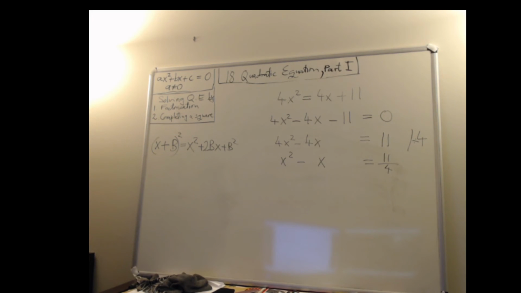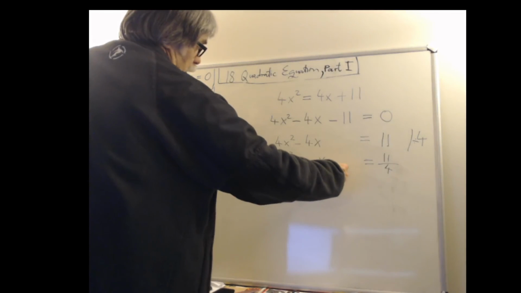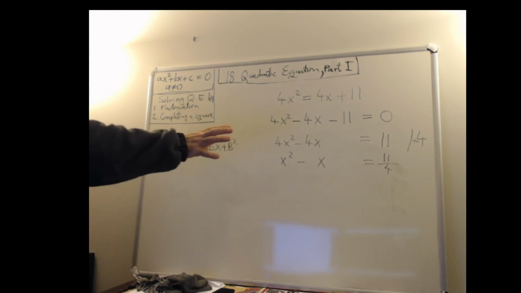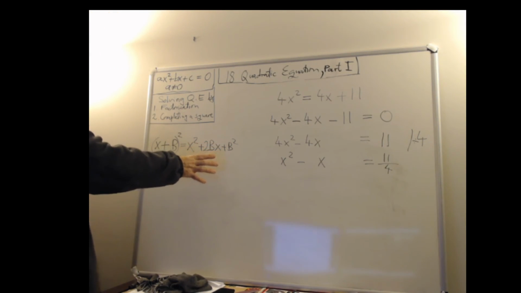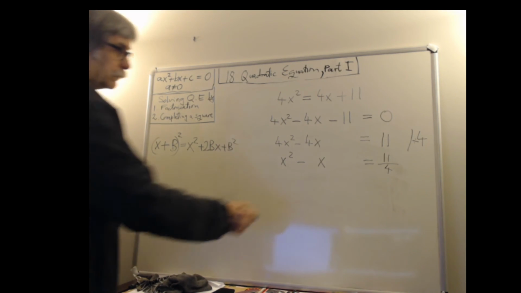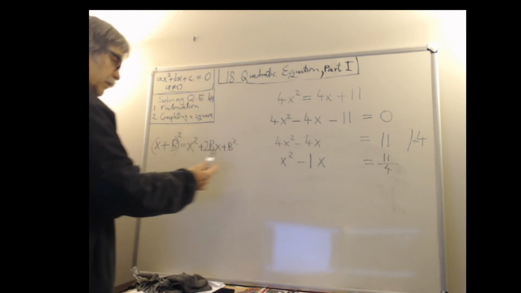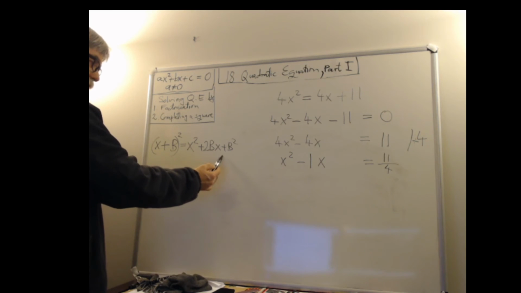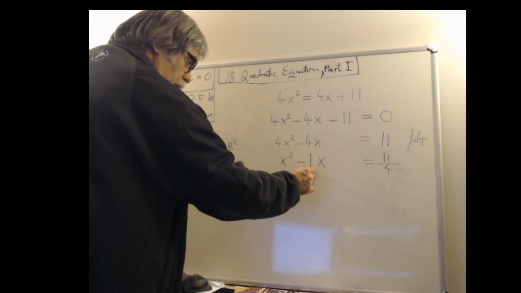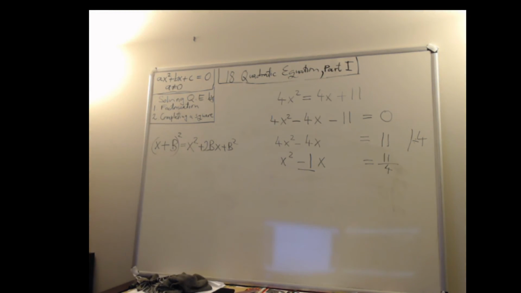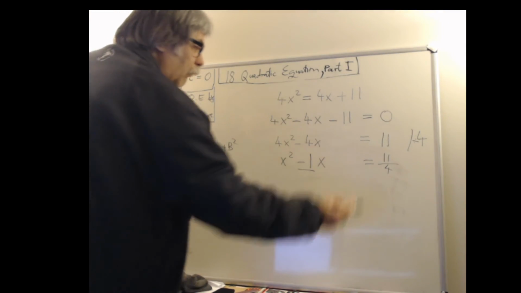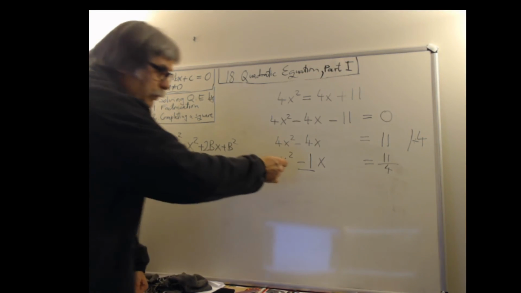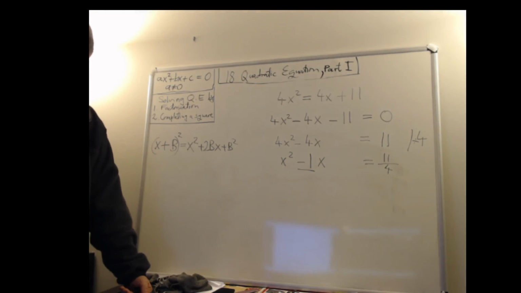Okay. Now I need to find the third term here to complete the square, to get a perfect square. So I need this. I have x squared, I have 2bx. This is 2b. And I need a b squared here. If 2b is negative 1, then b is half of it.